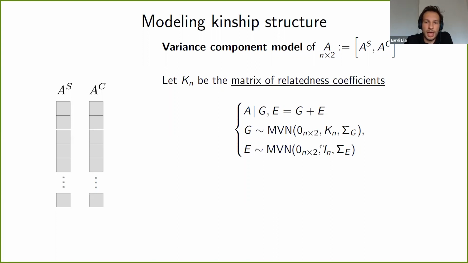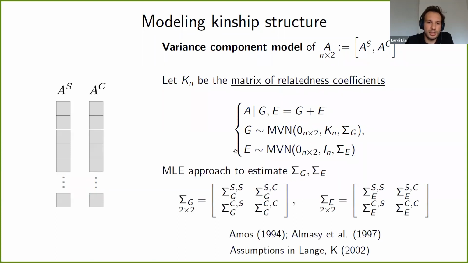So the elements to be estimated here are sigma G and sigma E. I would like to estimate the covariance structure between these two columns that is due to genetic factors, which means it's compatible with this family relatedness structure, and the covariance structure across the columns of this A that is compatible with an independent structure across the rows of my matrix.